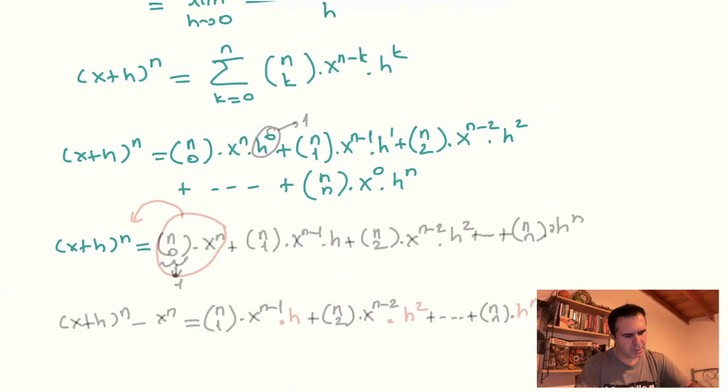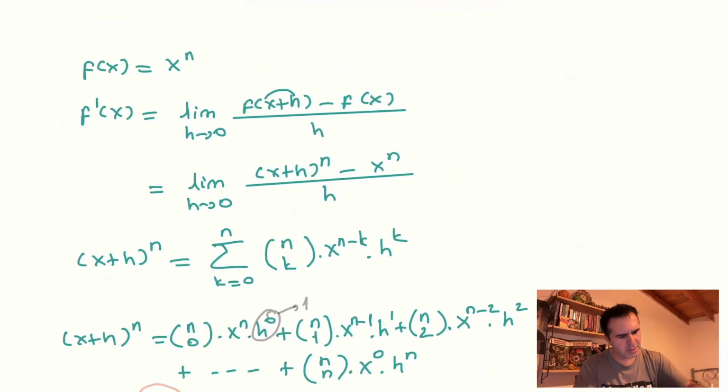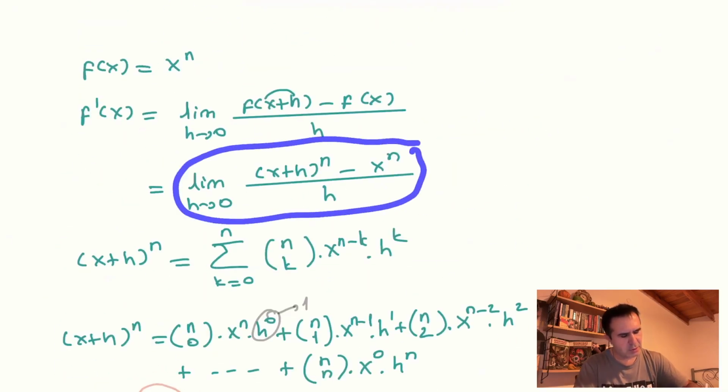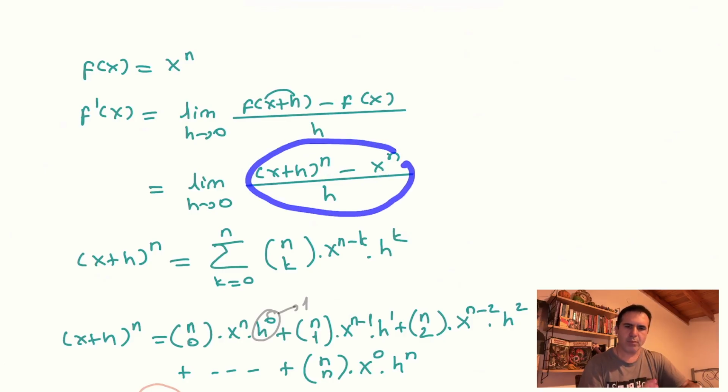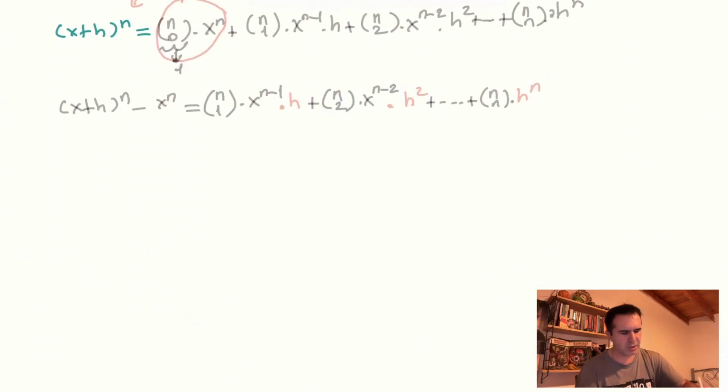What was our limit? Our limit was that. So we have on the left (x plus h) to the n minus x to the n. So we will divide both sides by h.